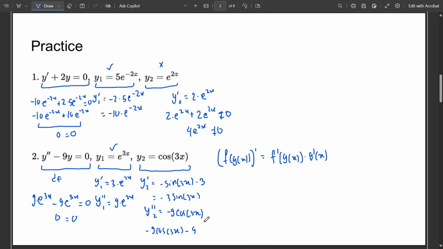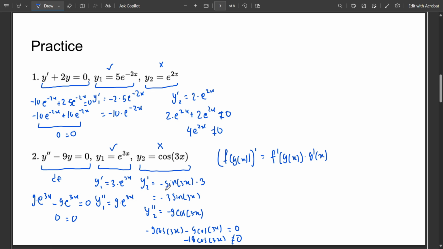Our y is cosine of 3x. Does it equal 0? No, because negative 9 cosine 3x minus 9 cosine 3x is negative 18 cosine of 3x, so it does not equal 0. So this is not a solution to this differential equation.